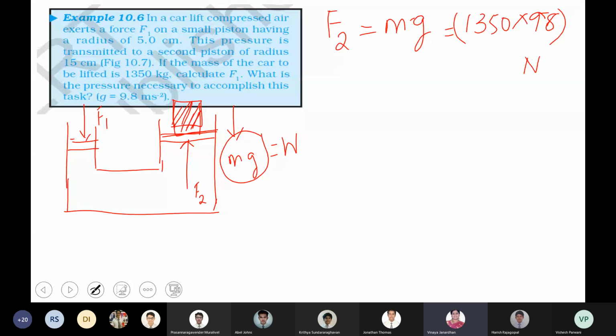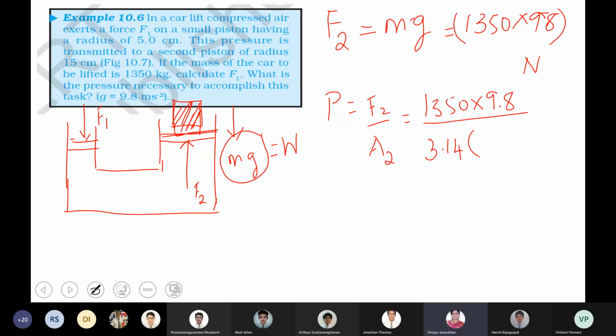P is equal to F2 by A2. So 1350 into 9.8. What is the area? 3.14 into the radius, 15 centimeter of the second piston, 15 into 10 to the power of minus 2, the whole square. Calculate.